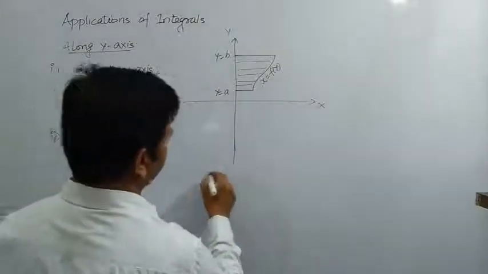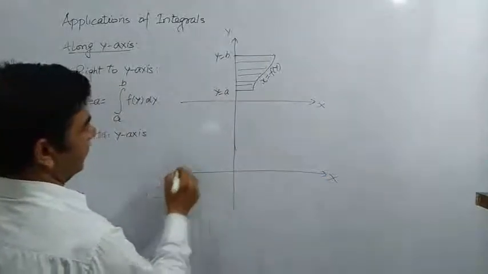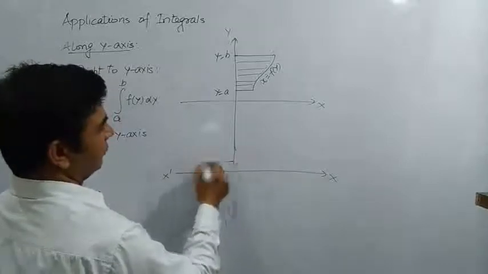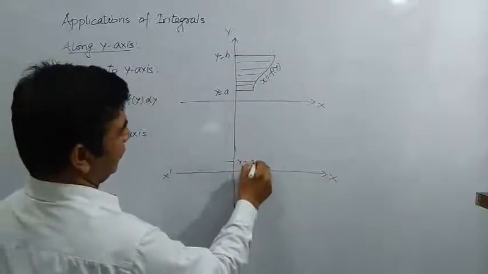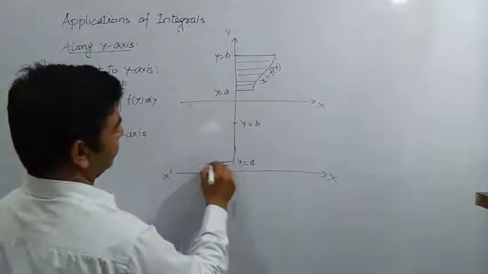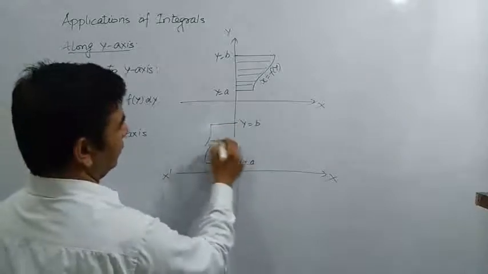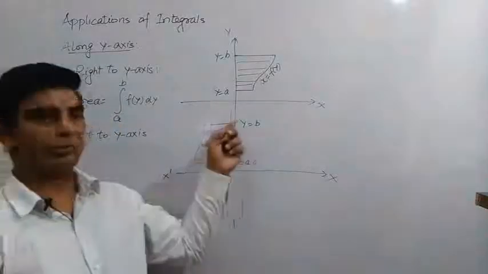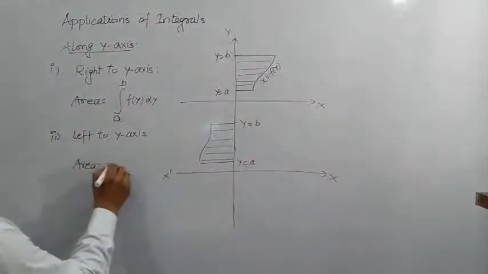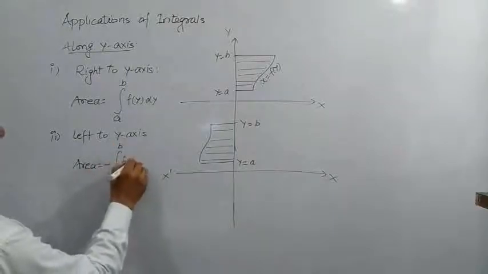This is again the x-axis, x dash, this is the y-axis, and this is lying to the left of the y-axis. This is again y is equal to a, this is y is equal to b. Then the area of this region going from a to b is given by minus the integral from a to b of f of y into dy.